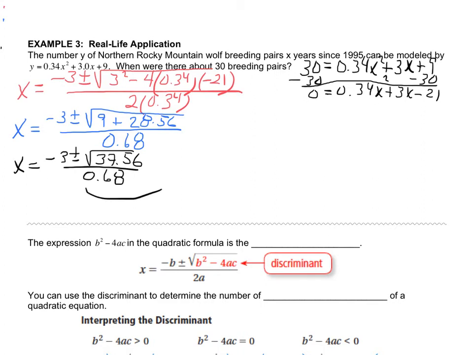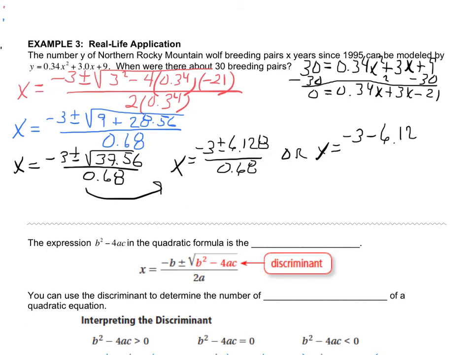So over here, this is going to produce two different equations for us. x equals -3 plus or minus 6.128, again divided by 0.68. It's also going to give us x equals -3 minus 6.128 over 0.68.